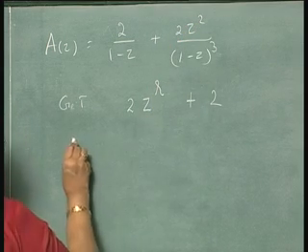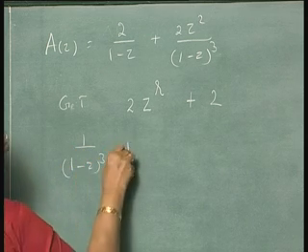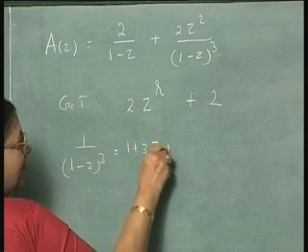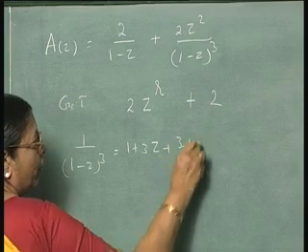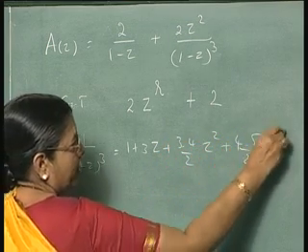But what is 1 by (1 minus z) cubed? It is 1 plus 3z plus 3 into 4 by 2 z squared plus 4 into 5 by 2 z cubed and so on.